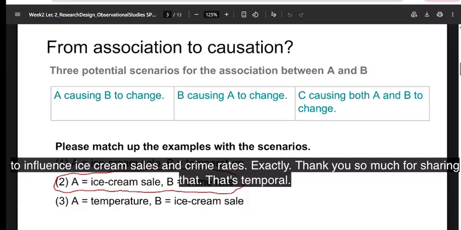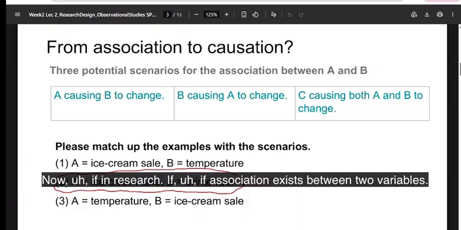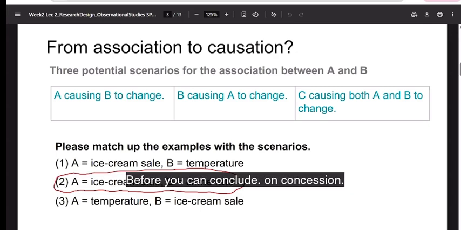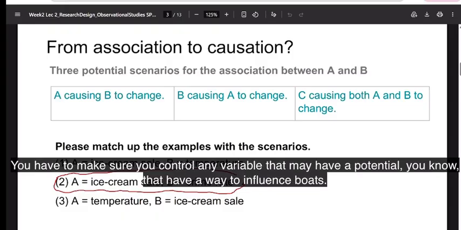That's temperature. Now, in research, if association exists between two variables, before you can conclude on causation, you have to make sure you control any variable that may have a way to influence both.